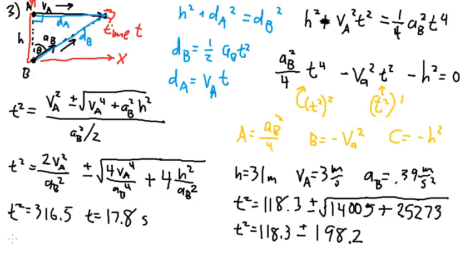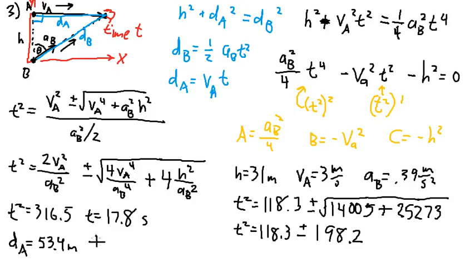Well, let's hope this works. So the distance traveled by A is going to be 3 meters per second times 17.8, so 53.4 meters.